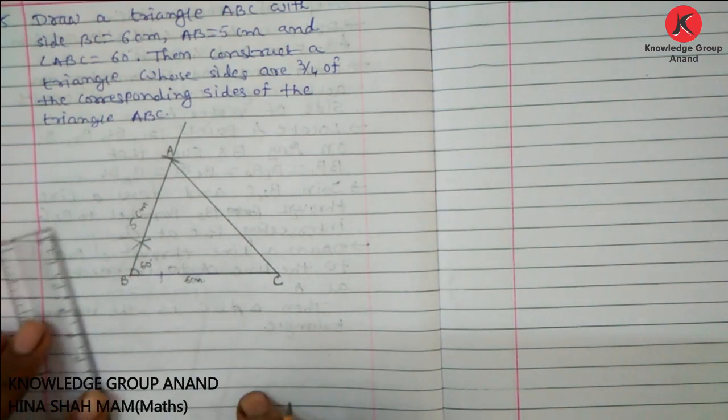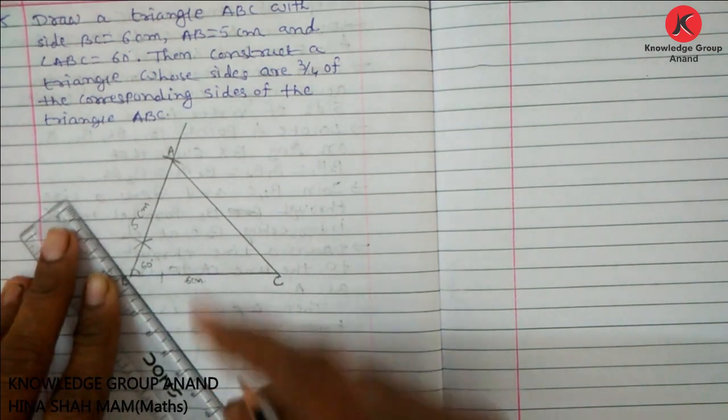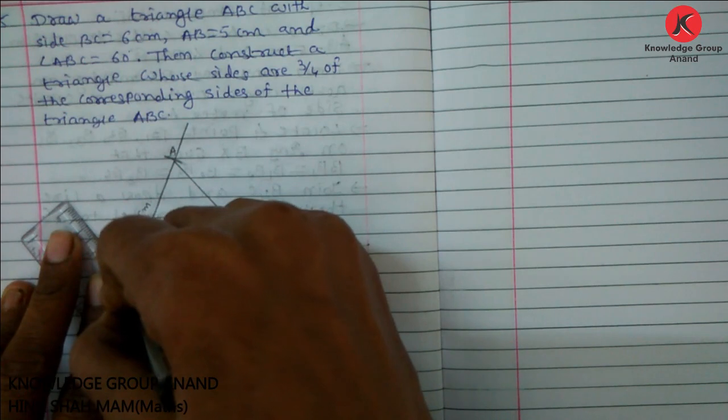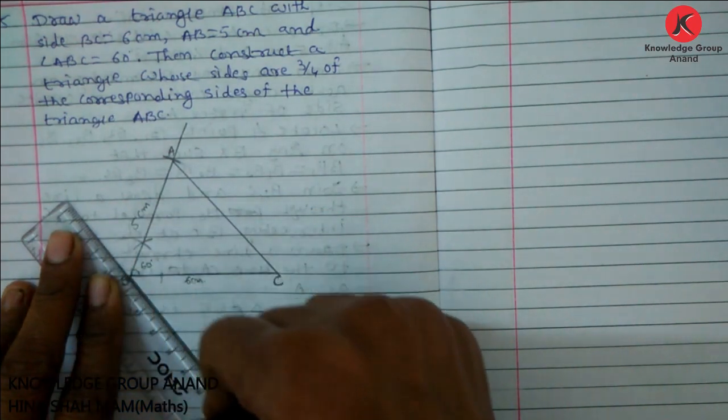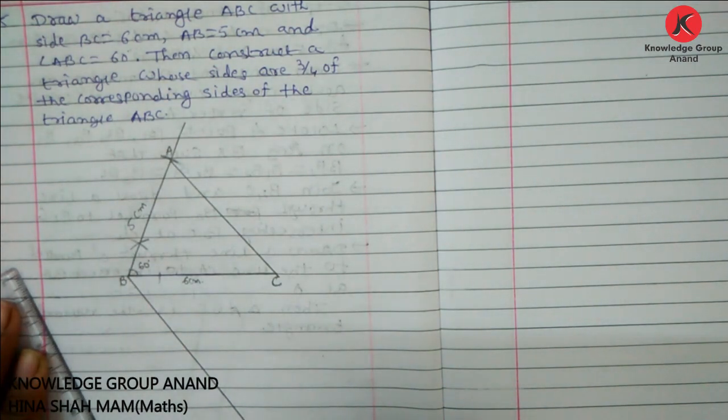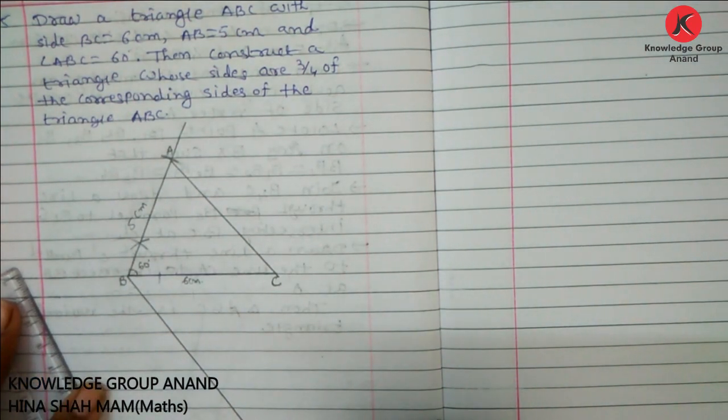Draw any ray BX opposite to vertex A such that acute angle CBX.